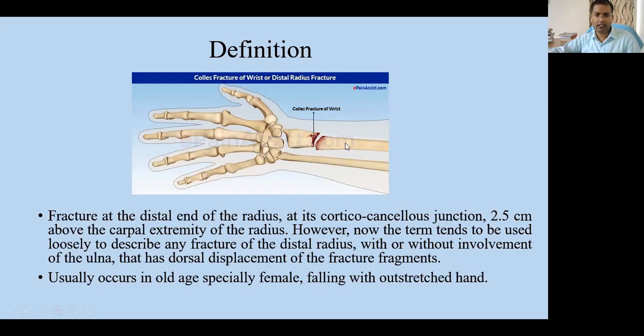We already discussed the long bone. This is the cortical part, and this end part is the cancellous part. Where the cortical part joins the cancellous part is the weakest part of any long bone. So that's why the radius fracture usually occurs at the corticocancellous junction.